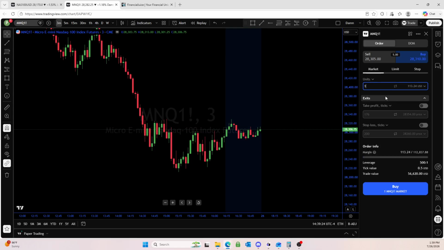So every point is going to move $2 because there's 4 ticks in a point, 50 cents a tick, $2 a point. If you have one, it's 50 cents. If you have two, it's $1. If you have three, it's $1.50. You can see that here. If you have four, it's $2. So every tick, it's going to move $2.